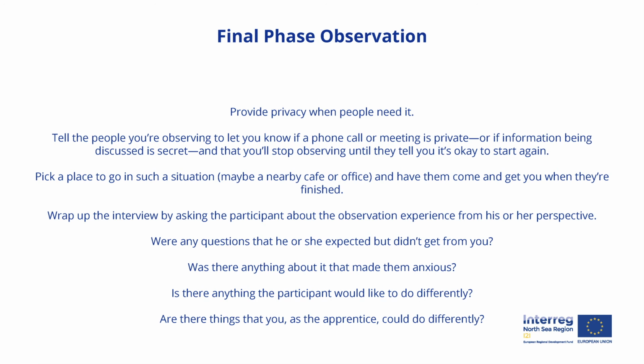So if you're observing somebody doing a particular activity, you might put an A in the margin, or if there's a particular object that's of interest, you might indicate that with an O, and that will just speed up the process of analyzing those notes.